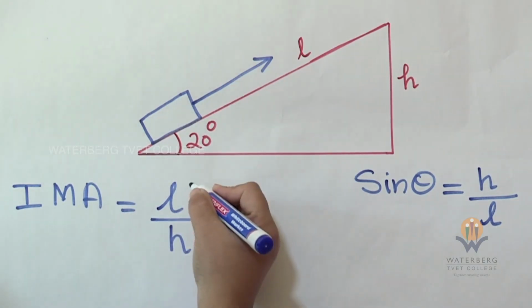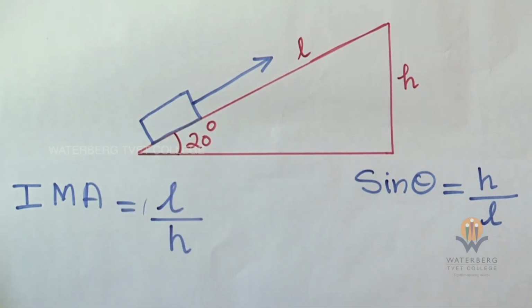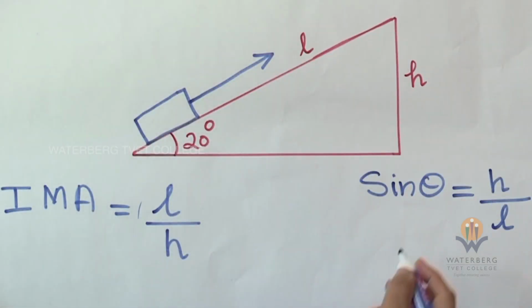So in this case it is L over H, but from the trigonometric identity we got H over L. But we can make it L over H so that we can use it in our formula.